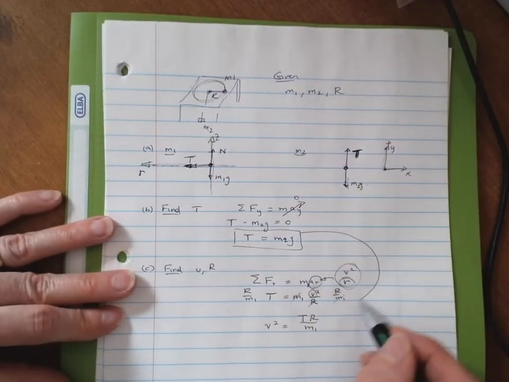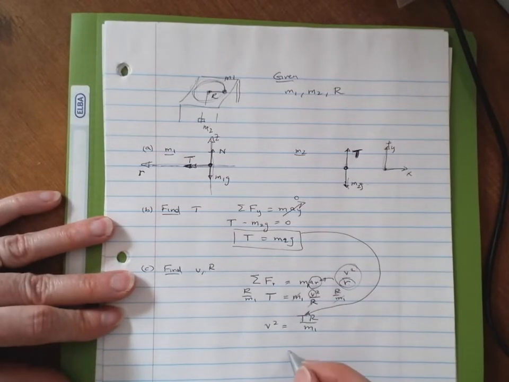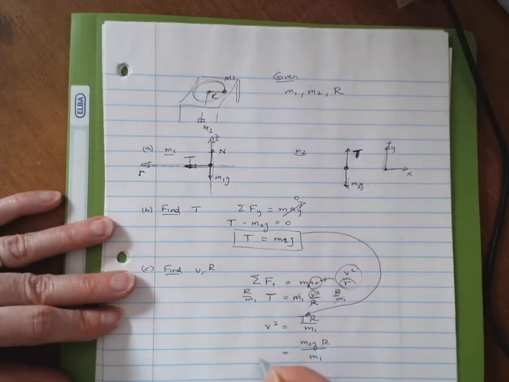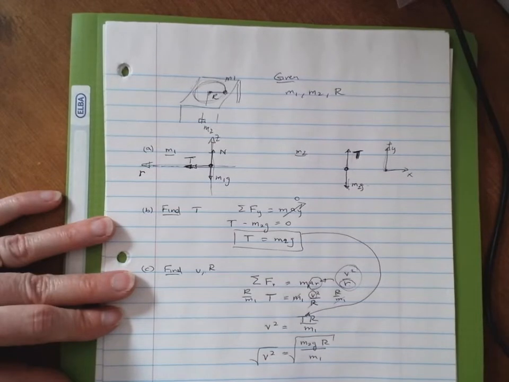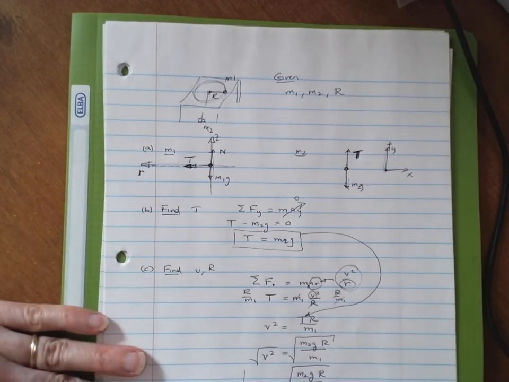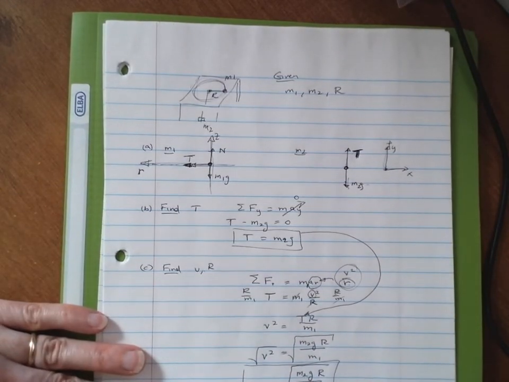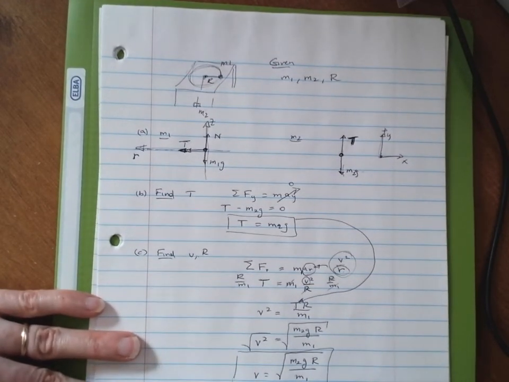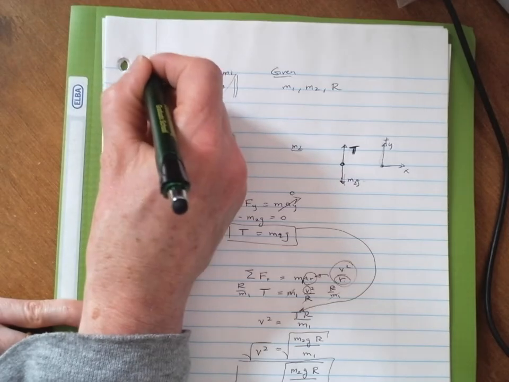Then I'm going to plug in the value for my tension, so it is M2 g r over M1. This is v squared. Then I'm going to take the square root to get v by itself. So v is the square root of M2 g r over M1. Very nice. It's actually easier when you don't have values to plug in, in a way. And this is problem number 9 in the slides.